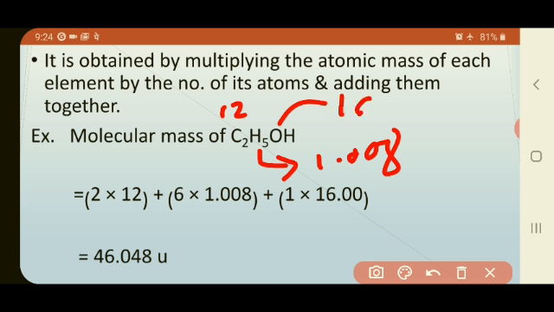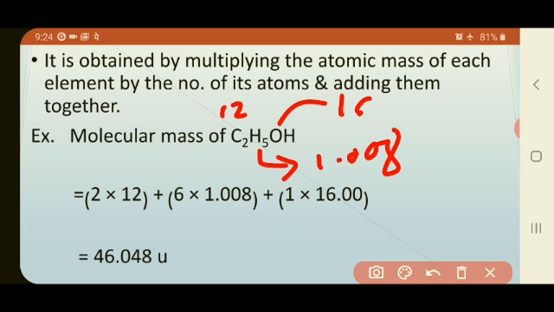So 2 into 12, because 2 atoms of carbon are there, then 6 into 1.008. These are 5 and this is 1, so total 6 atoms. 6 into 1.008 plus 1 into 16, that is 1 atom of oxygen into atomic mass 16.